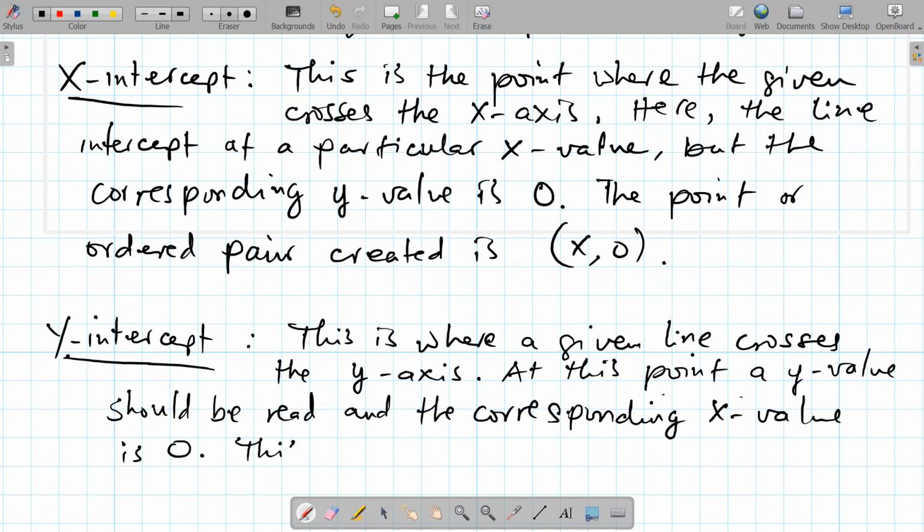This gives the ordered pair zero comma y.